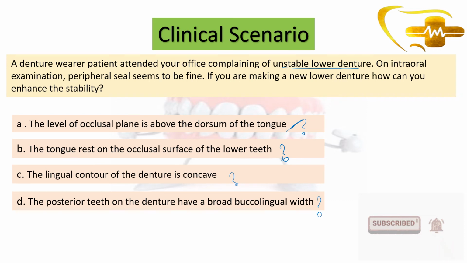So these are the options they have given. To make the new lower denture to enhance the stability, what should be changed? Should you change the level of the occlusal plane, or should the tongue rest on the occlusal surface of the lower teeth? The lingual contour of the denture is concave. The posterior teeth of the denture have a broad buccolingual width.